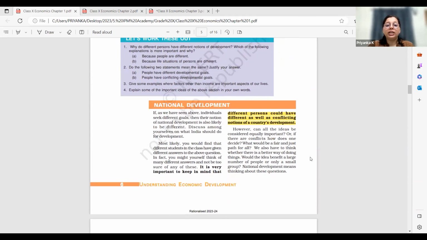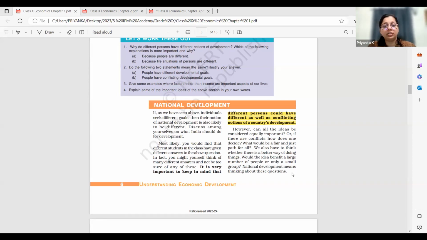Now, coming to national development, like I said, when we are analyzing a country or a society, what constitutes development, or how are we going to categorize countries into underdeveloped, developing, and developed nations? For this, generally the income aspect is taken into consideration, and the term that we normally use is national income. Now, what is national income and other things?